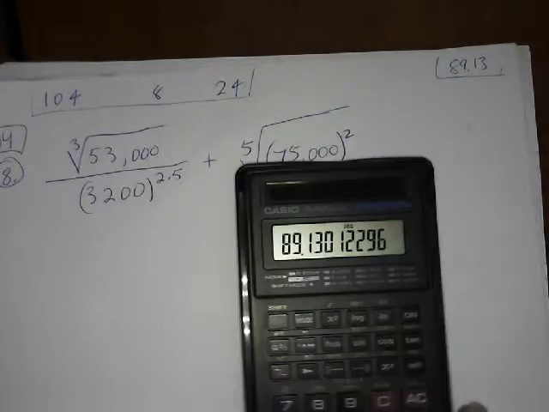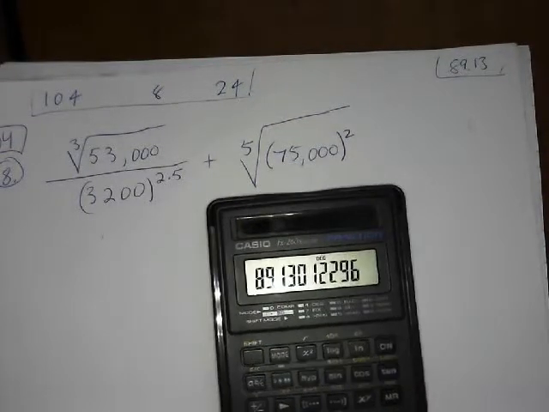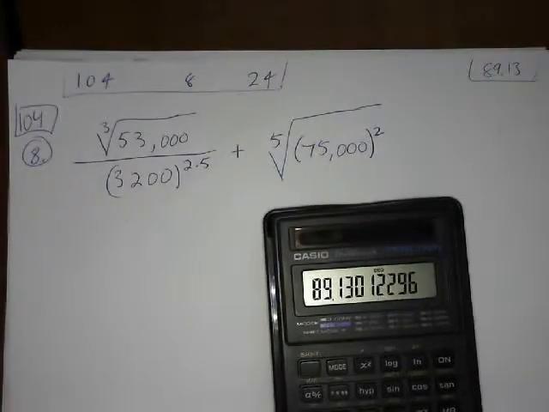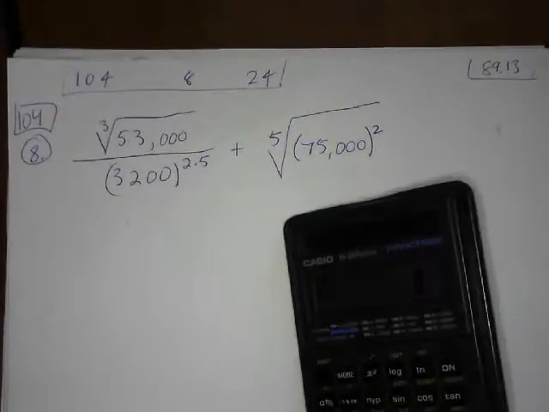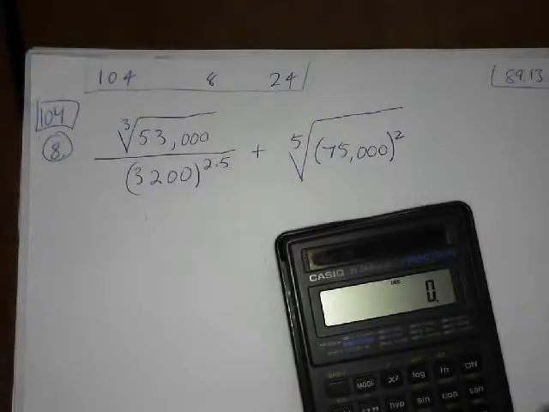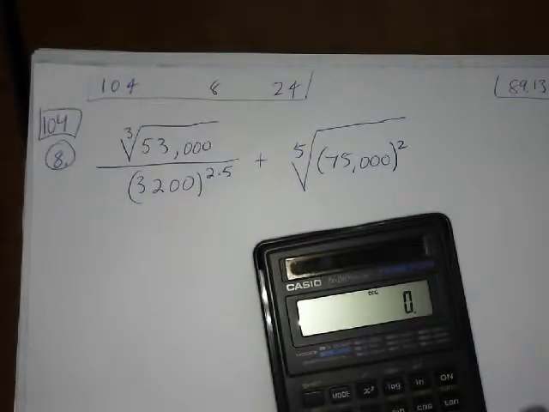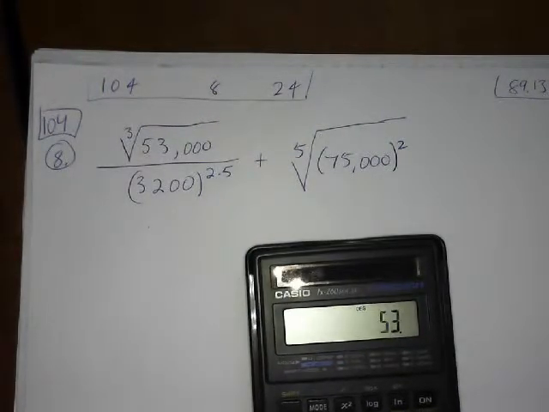I'm going to go through the steps of inputting that into a calculator like this one. Hopefully I don't mess it up. So what I did using a calculator like this is first I took the third root of 5,300.